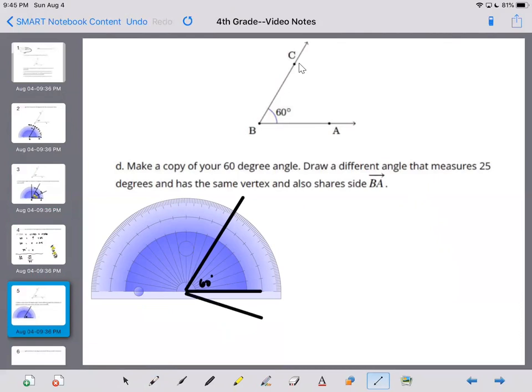So you're looking at something like that. It's that additive measure. So now that gives me a new angle.